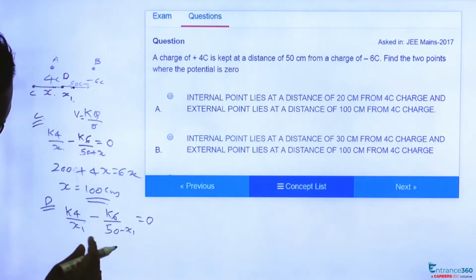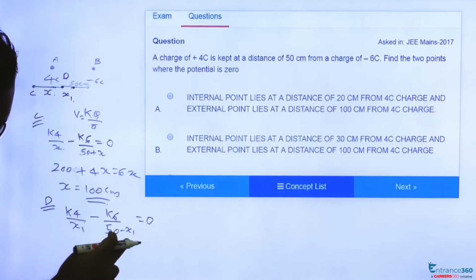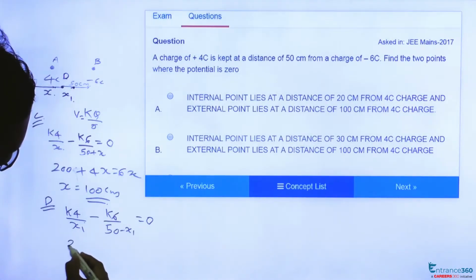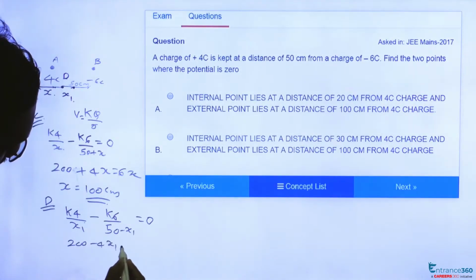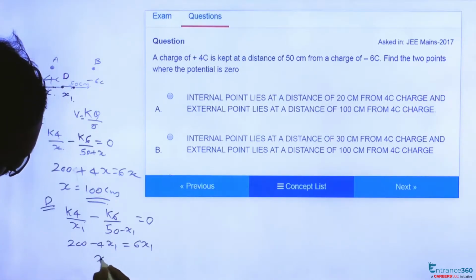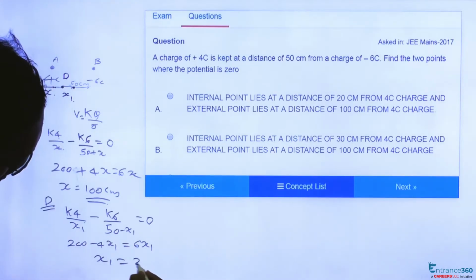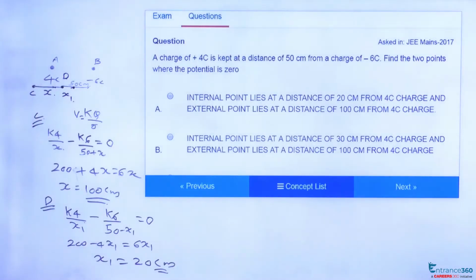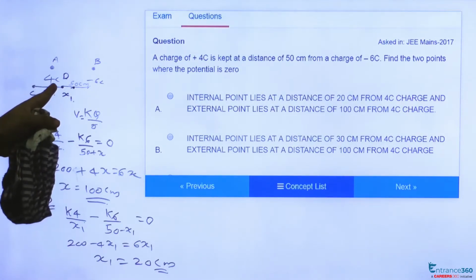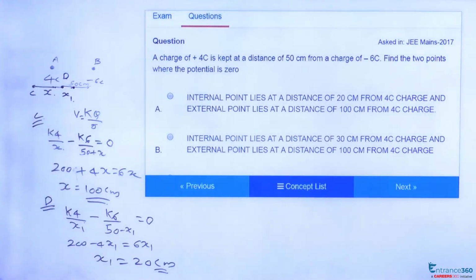Now solving this, we will get 200 minus 4x1 equal to 6x1, so x1 equal to 200 by 10, that is 20 centimeter. So in between it is at 20 centimeter from 4 coulomb and outside it is 100 centimeter from 4 coulomb charge.